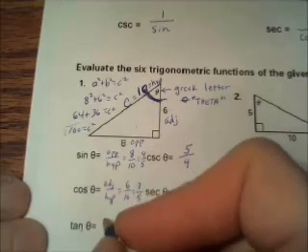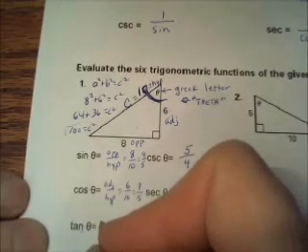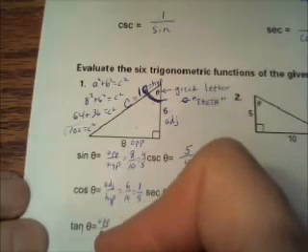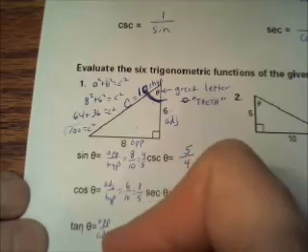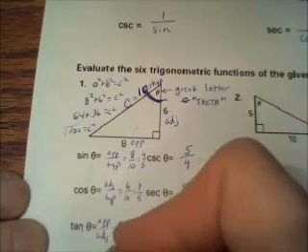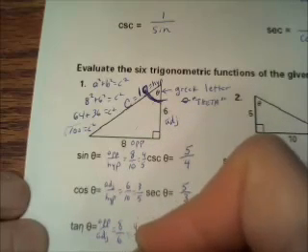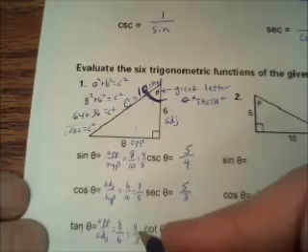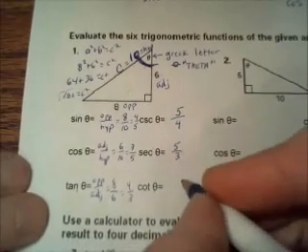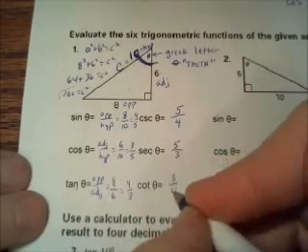The next one is the tangent. The tangent is the opposite side divided by the adjacent side. Opposite is 8, adjacent is 6, and 8/6 reduces down to 4/3. And if we know the tangent, we can flip the tangent upside down and get 3/4.